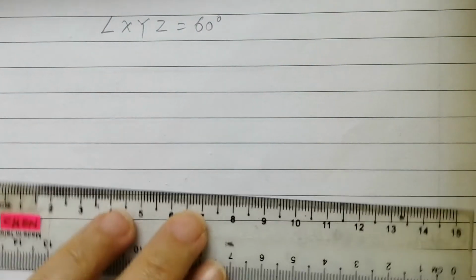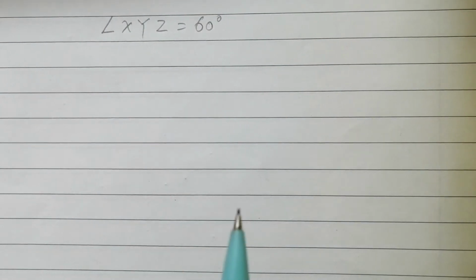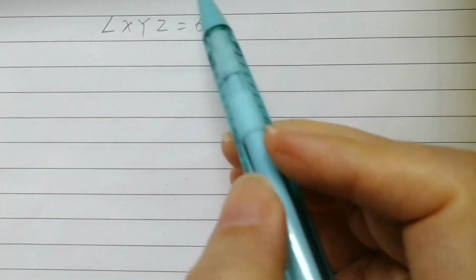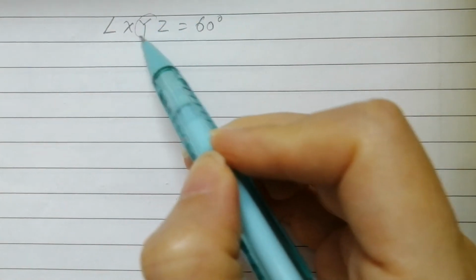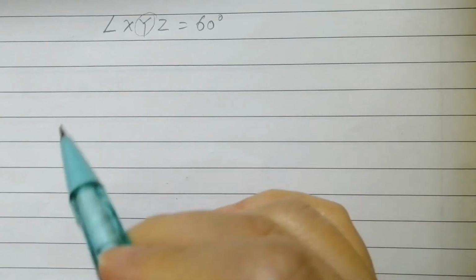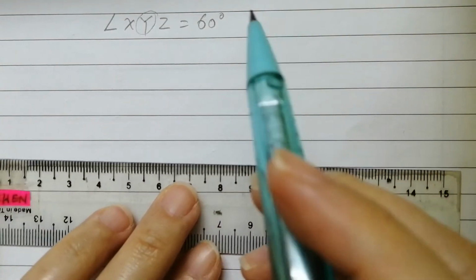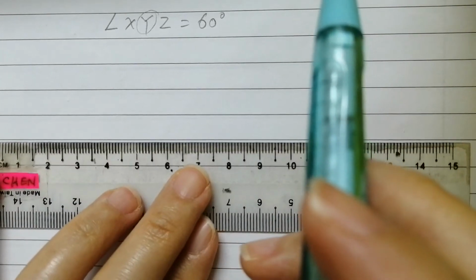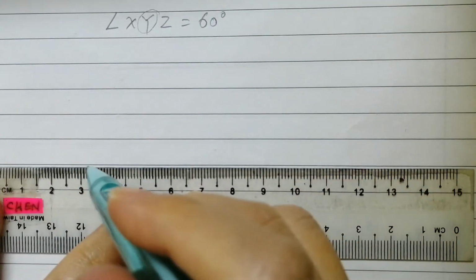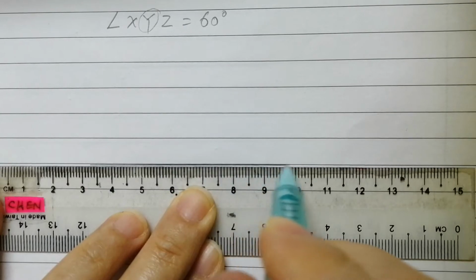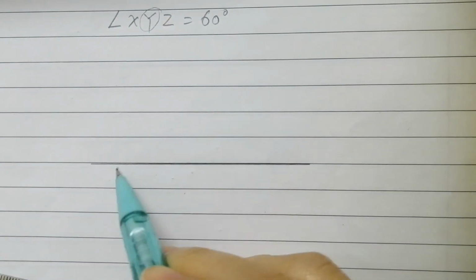Okay, so first I have to make sure where the angle is, so the angle will be at y. So x, y, z. I can draw like this. First I will have a line segment x, y, z.